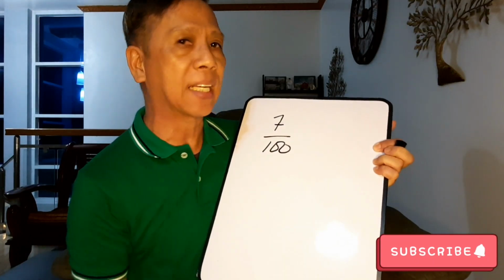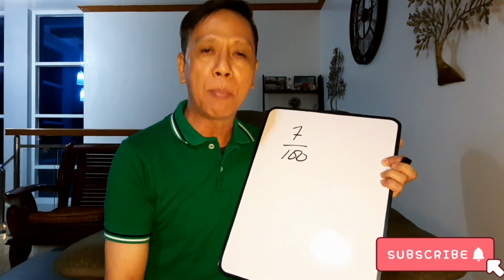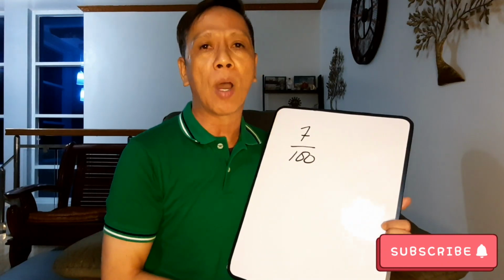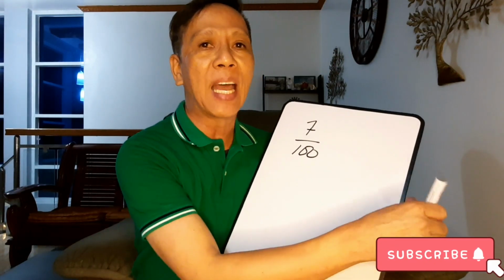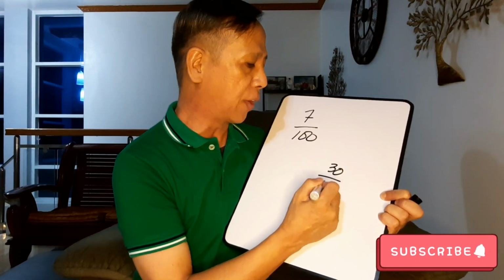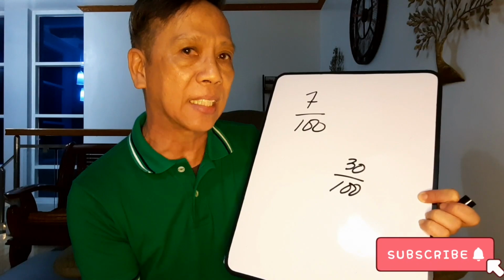over 100. Kung kumukuha tayo ng test, halimbawa, bibigyan ko kayo ng test. Magte-test tayo 1 to 100. Halimbawa, ang nakuha mo ay 30. Diba inilalagay natin sa test paper, 30 over 100 or 30 out of 100.